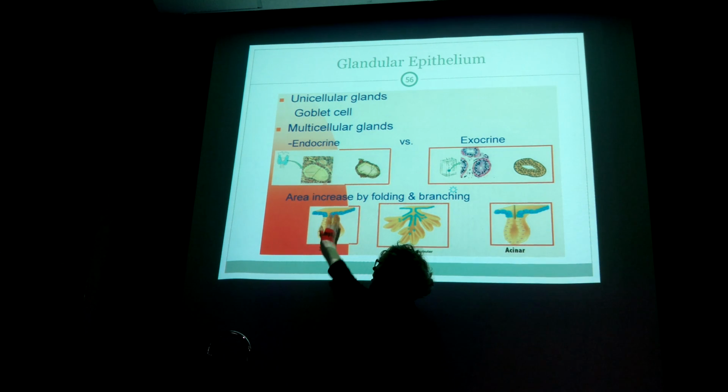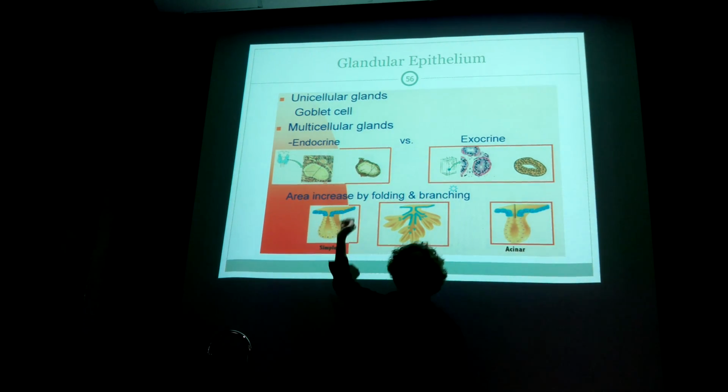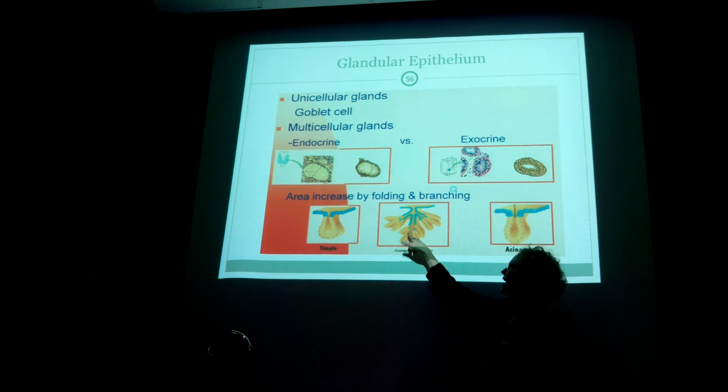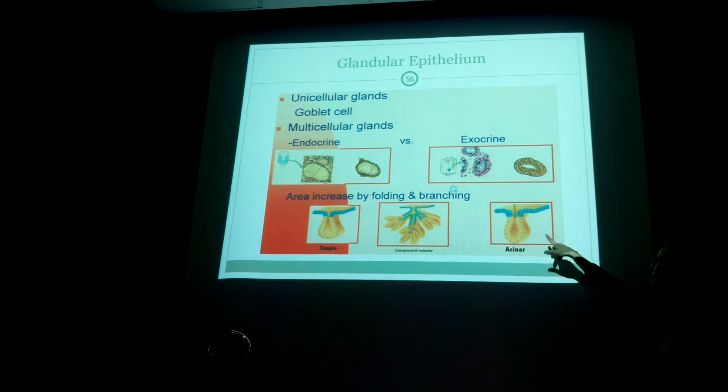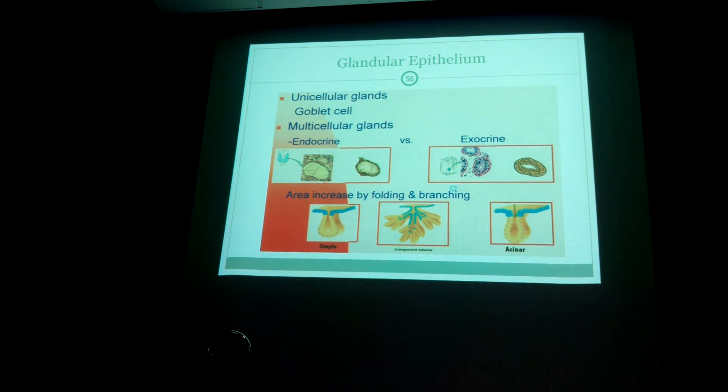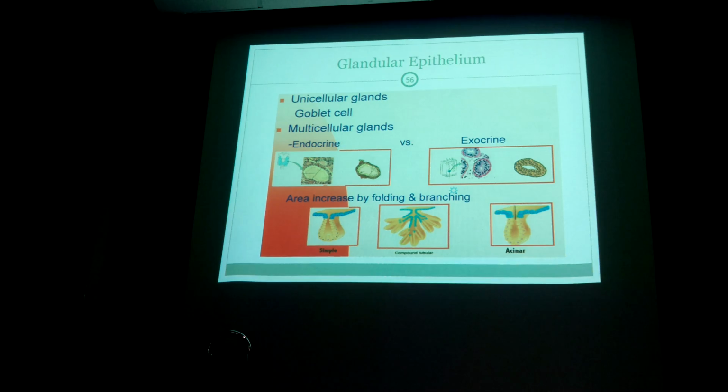It secretes its product, which moves through the duct and goes wherever it has to go. If for some reason we need more product, we can fold that gland and get a lot more product passing through this opening. And then an acinar gland is a different type of cellular structure, a different type of gland.